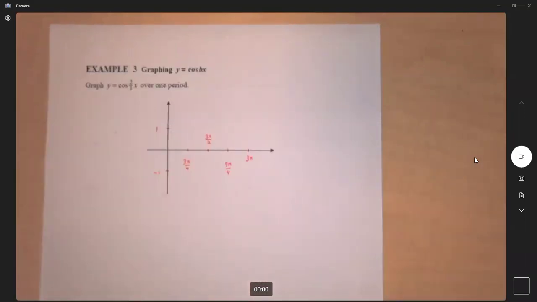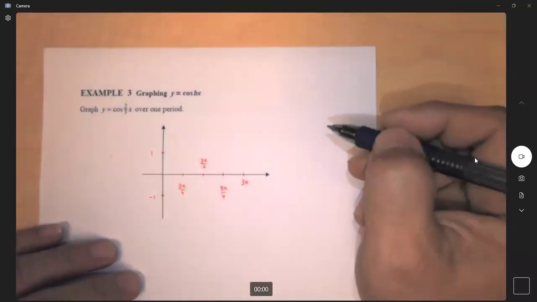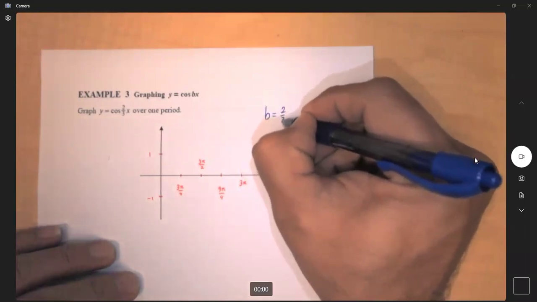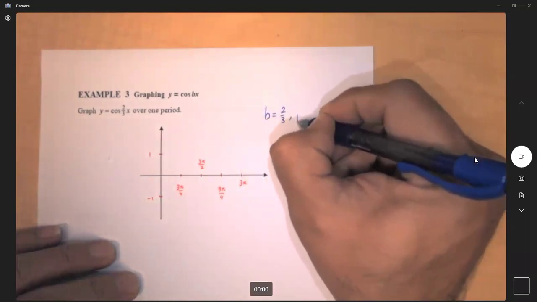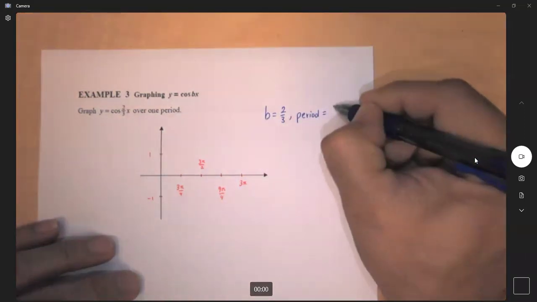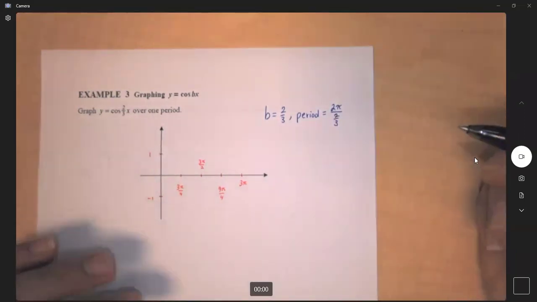If we look at this one here, the cosine of 2/3 x, the b value for this one is 2/3. And so the period is 2 pi divided by 2/3.